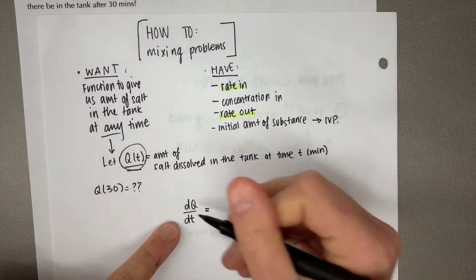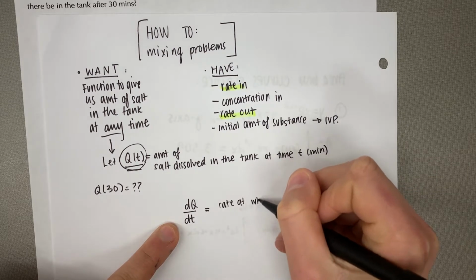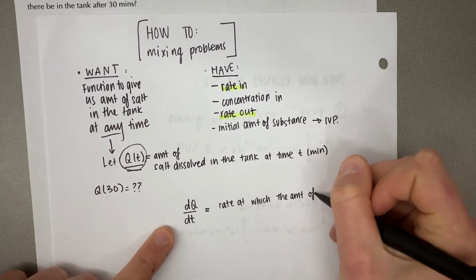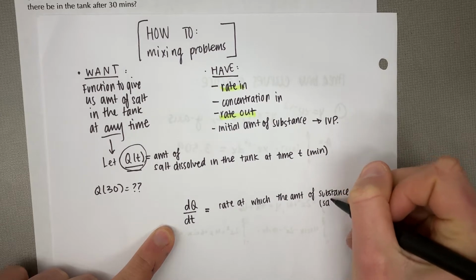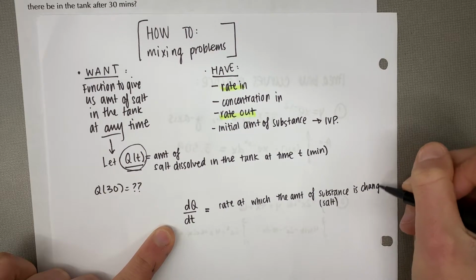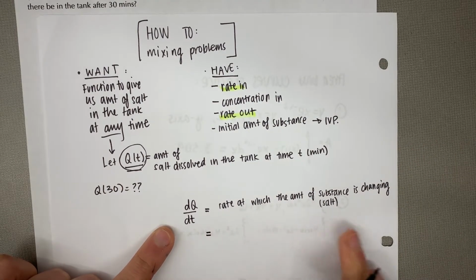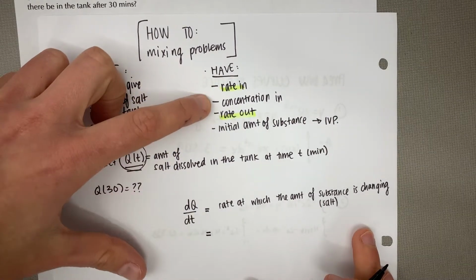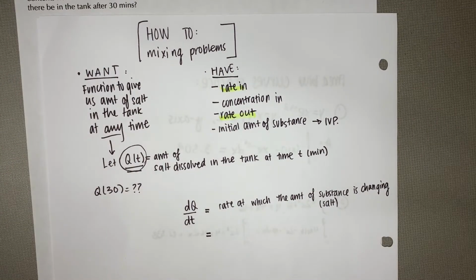Let's remind ourselves that dQ/dt is the rate at which the amount of substance, in this case salt, is changing. So we can come up with an expression for that rate because we're given the rate in, the concentration in, the rate out, and the initial amount of substance.